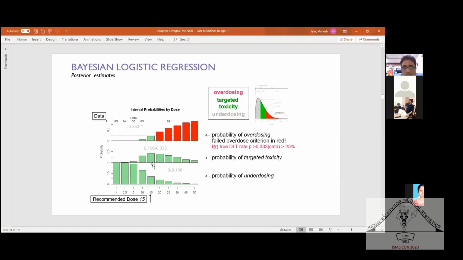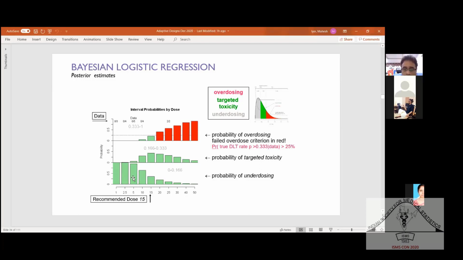In target dosing, you find that the highest probability is for dose level 15, followed by dose level 20. So which are your two candidate doses now? 15 and 20. Here 15 is below the overdosing threshold, and 15 has the highest target dosing probability.